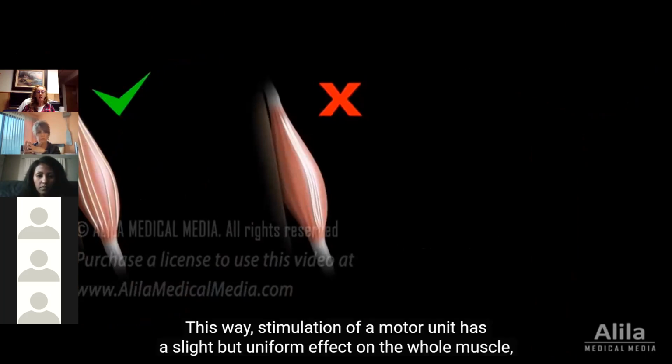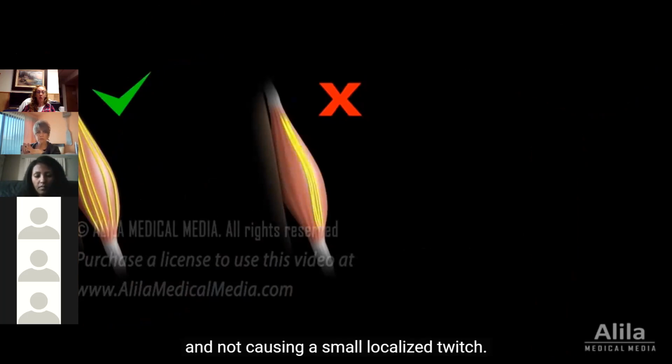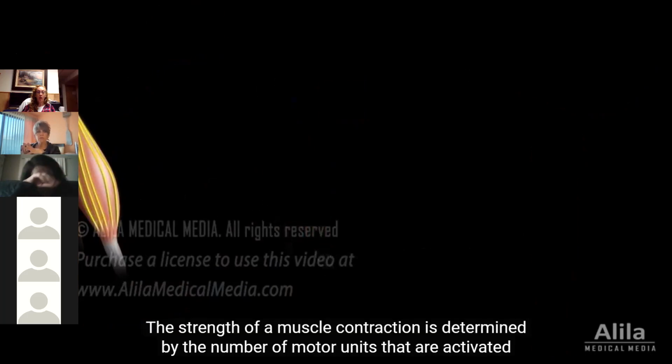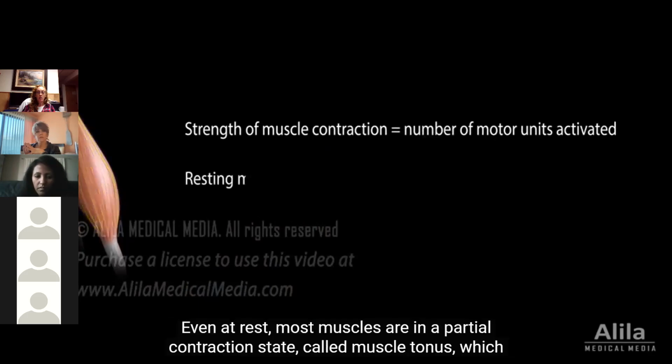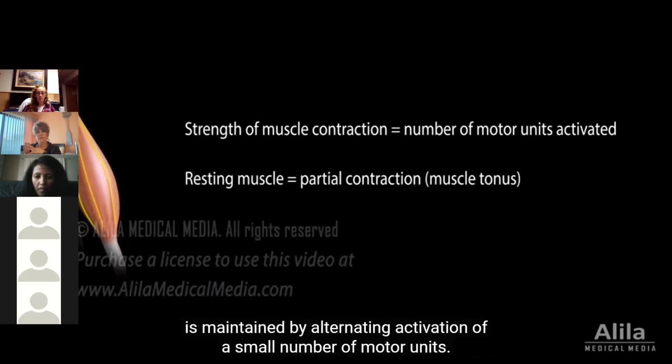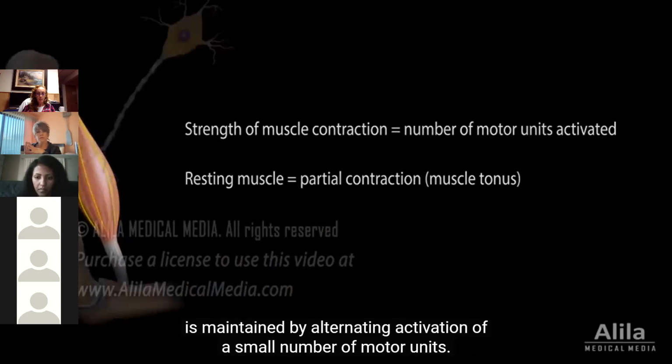This way, stimulation of a motor unit has a slight but uniform effect on the whole muscle, and not a small, localized twitch. The strength of a muscle contraction is determined by the number of motor units that are activated at one time. Even at rest, most muscles are in a partial contraction state called muscle tonus, which is maintained by alternating activation of a small number of motor units.